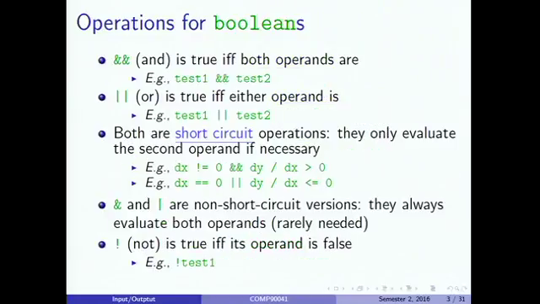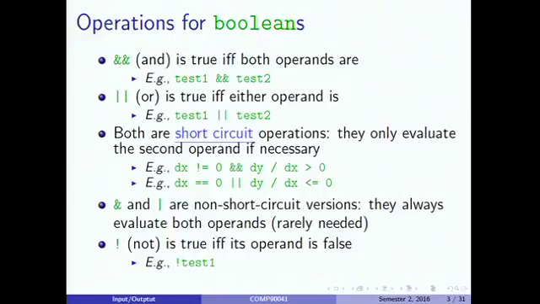Okay, so what are the operations on Booleans? Well, if you know C, they're the ones you're familiar with. Two ampersands is conjunction. So and is true when both of its operands are true.